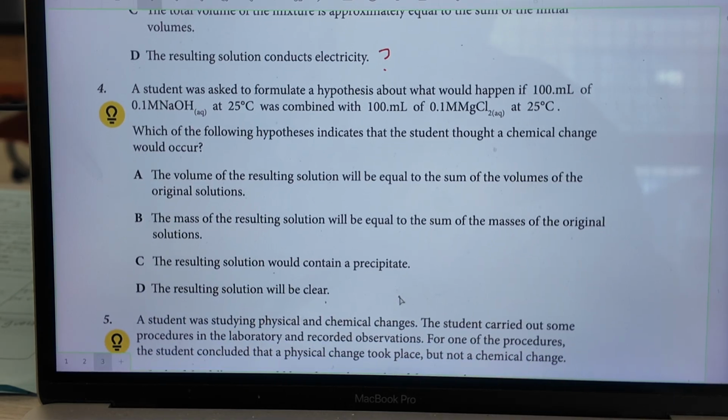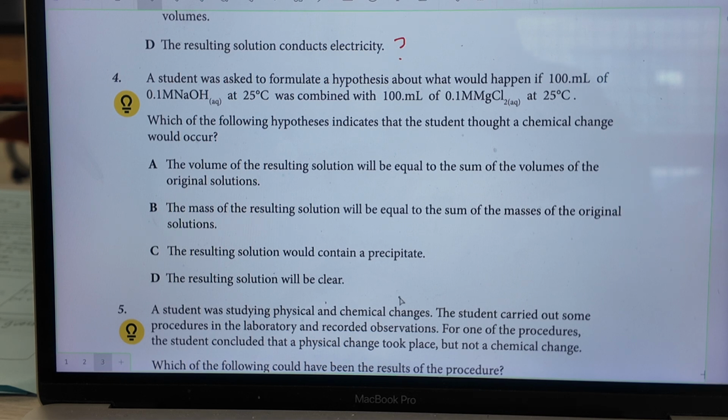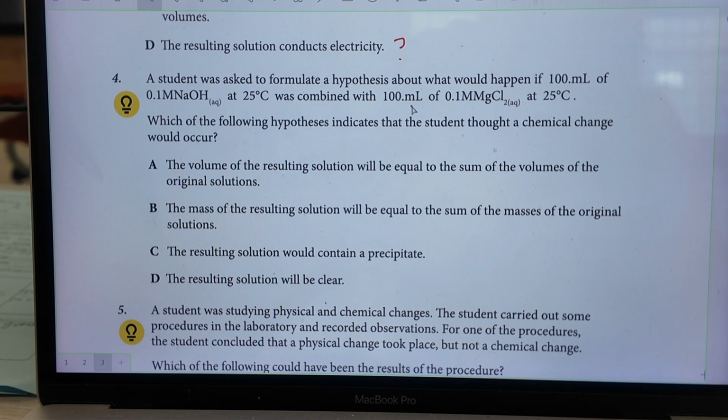A student was asked to formulate a hypothesis about what would happen if 100 milliliters of NaOH at 25 degrees was combined with 100 milliliters of magnesium chloride at 25 degrees. So this is a really popular mixture.